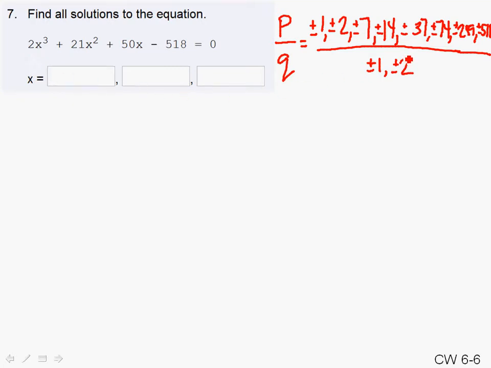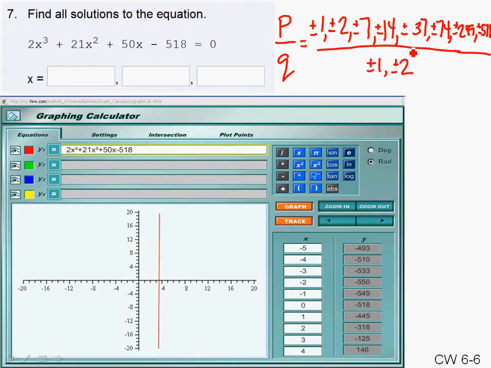Now we're going to graph y equals 2x cubed plus 21x squared plus 50x minus 518. We can graph this using a graphing calculator or our online graphing calculator, and this link is on the Kaitor announcements. When we graph it, we see that we have one real root at approximately 3.5.